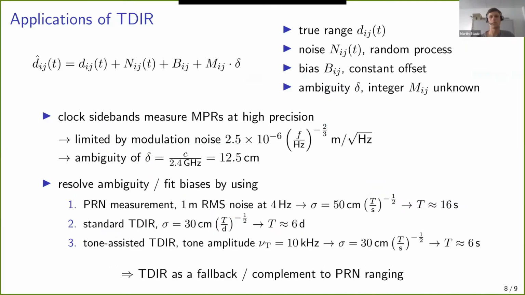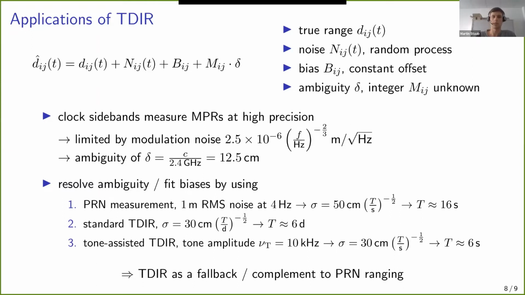Now I want to talk about applications of this. There are other ranging methods in LISA, basically the clock sidebands and also the PRN ranging. Important is that ranging measurements never measure just the true range, but are disturbed by several things.